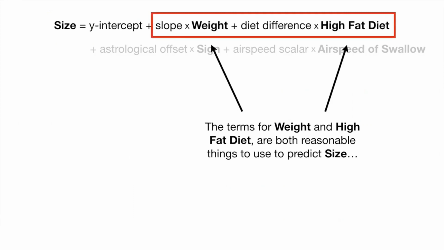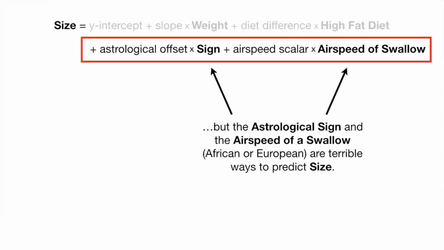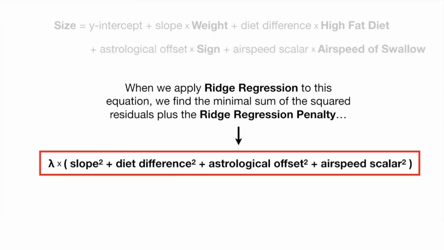Weight and high fat diet might be reasonable enough to predict the size. But again, astrological sign and the airspeed of the swallow will not be required, and are not a correct feature to qualify as a good independent feature for your data set.